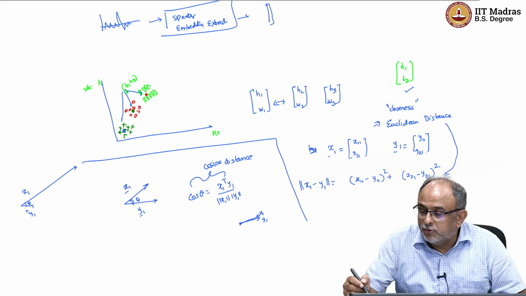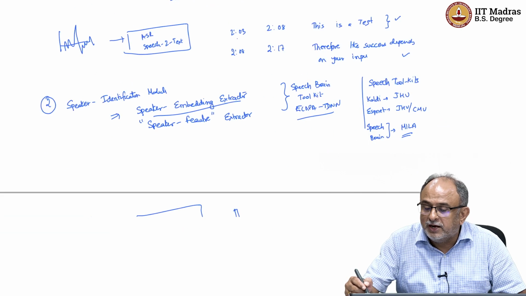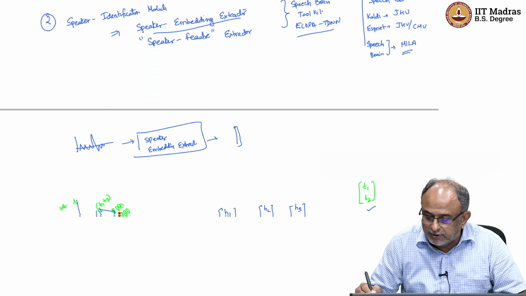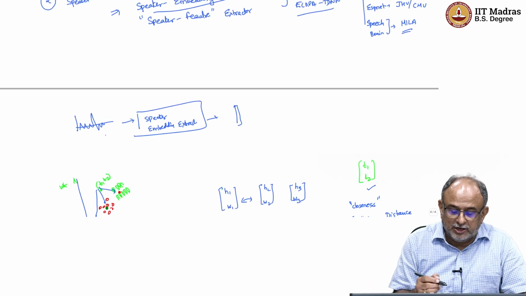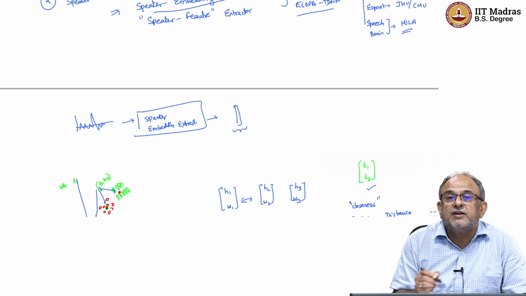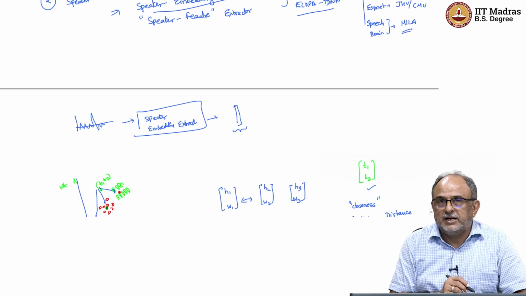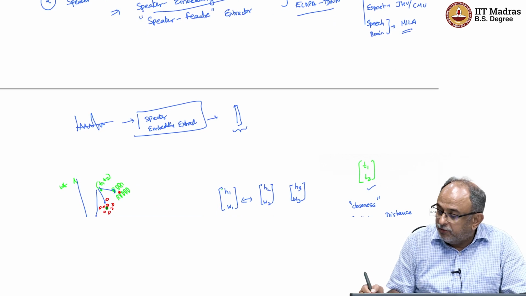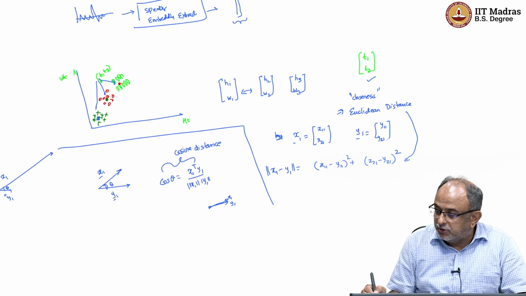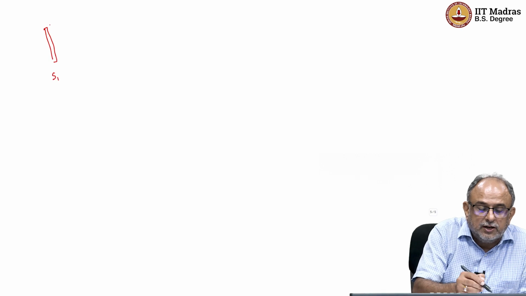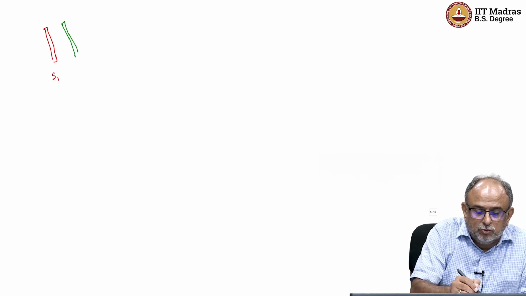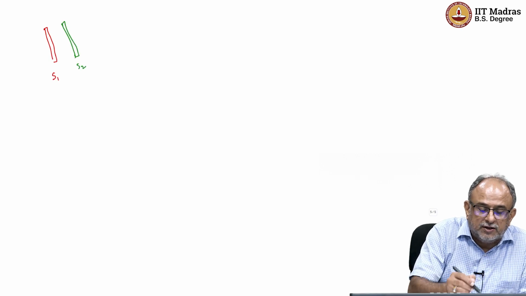Now, if I am doing some kind of comparison between speakers, I first take the waveform for every speaker, extract the speaker embedding vector, and then let me go to a fresh page so that I can get some idea. Let us say I have 3 vectors: speaker 1, speaker 2, speaker 3.